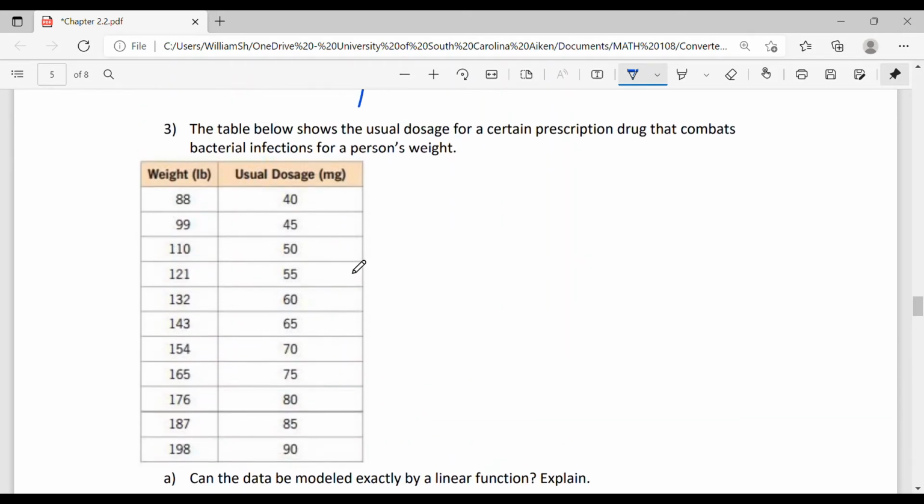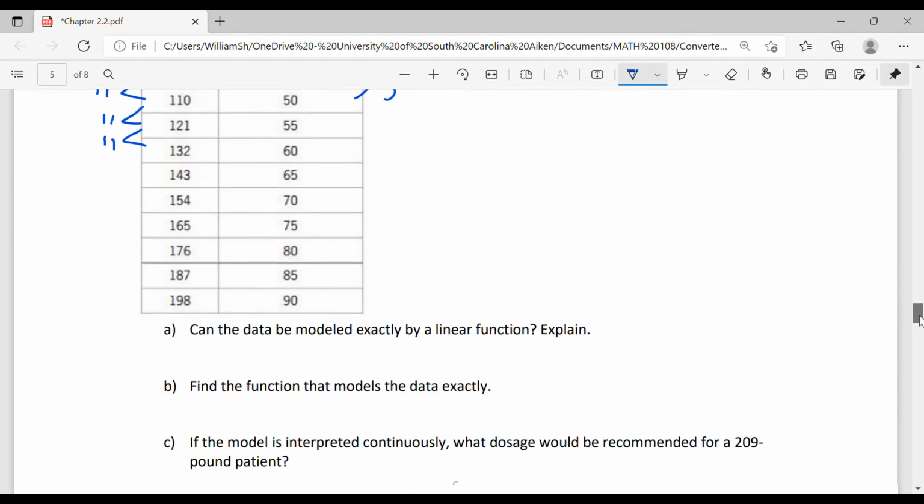Now, if we look here at our dosage, it does increase by 5. So our first differences here, all of them are 5. And you can check all of them if you want to, but they're all 5. If we look at our differences here as well, we're increasing constantly by 11 pounds. And you can check all those as well if you want to. If you go down, they're all 11. So because on both sides here, we're increasing constantly by the same number.